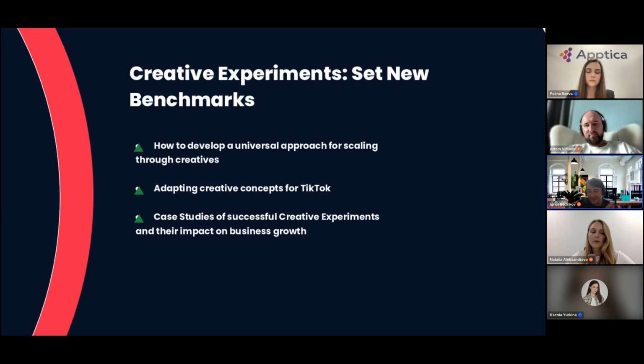And of course, I will give you two examples of how to develop a universal approach for scaling through creatives and adapting creative concepts for TikTok, because it's really necessary when you come to TikTok from another platform, or with a brand new title. You need to know how to make creatives for TikTok work best.